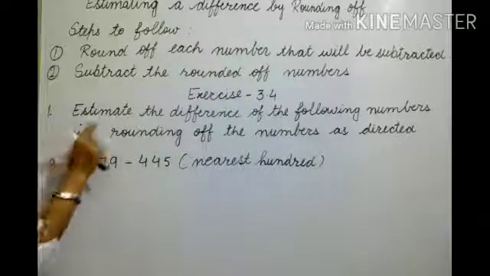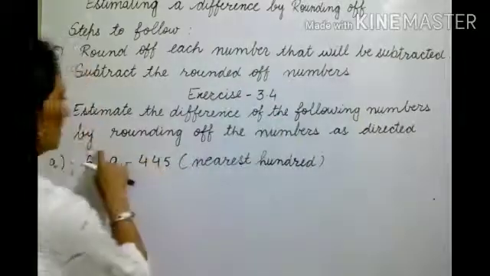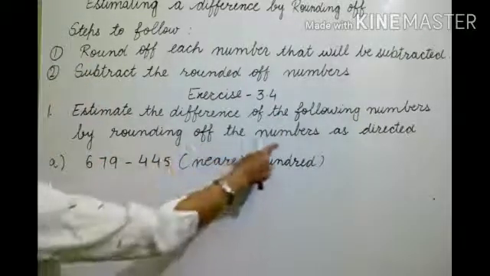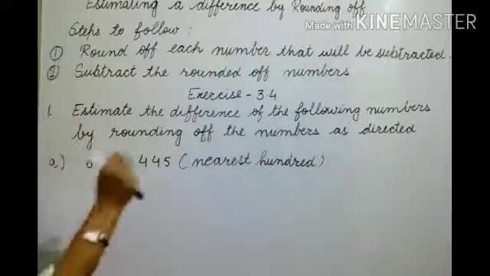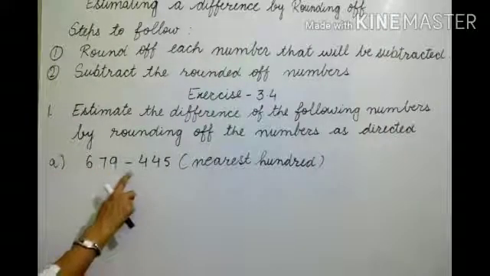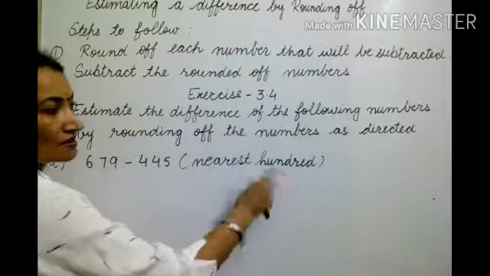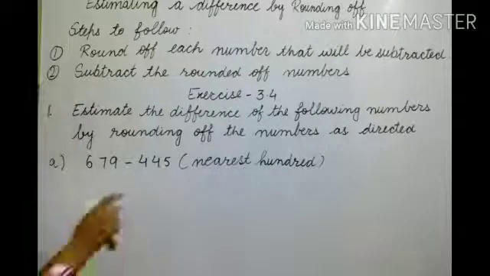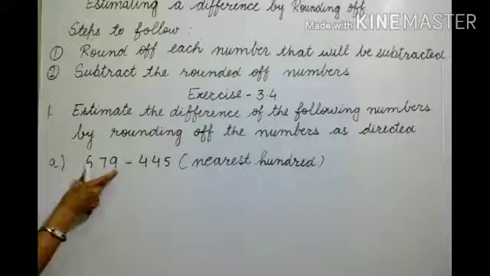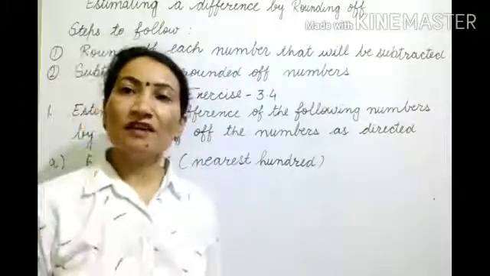First question. Estimate the difference of the following numbers by rounding off the numbers as directed. First A part is given, 679 minus 445 to the nearest 100. So you will round off these two numbers to the nearest 100 separately, and then you will subtract estimated value.